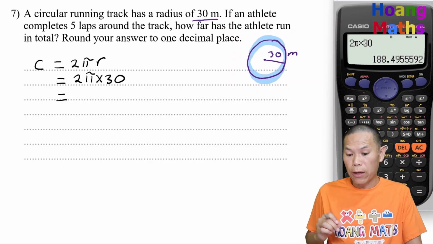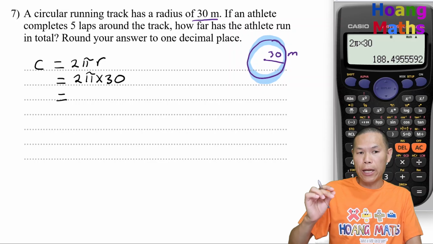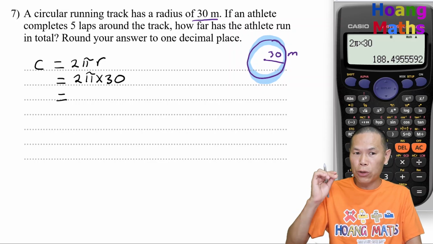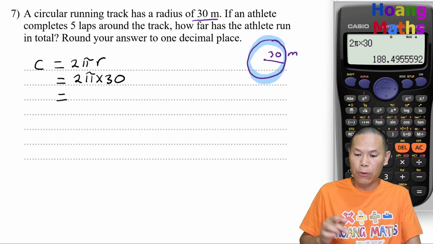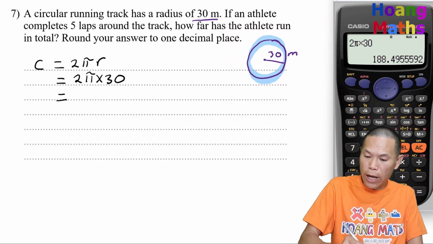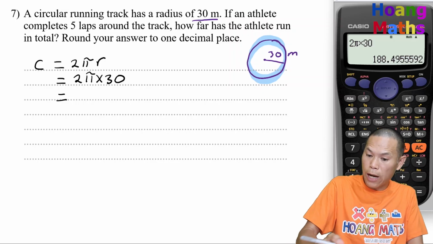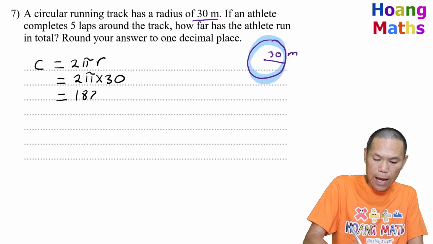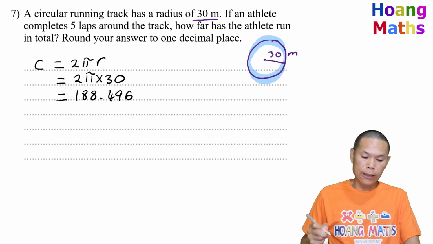Of course, you can write 50 or 0.5 because we still need this for the next step. It doesn't matter how you write it, because I'm going to use the answer, which means all these numbers, later on anyway. So I just write 188.495, or 96, it doesn't matter.